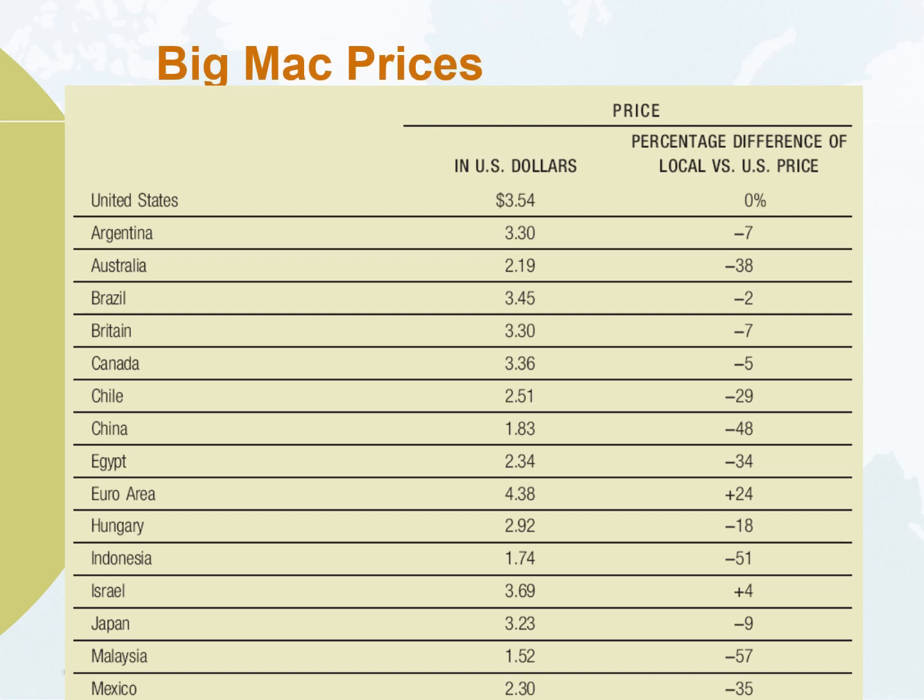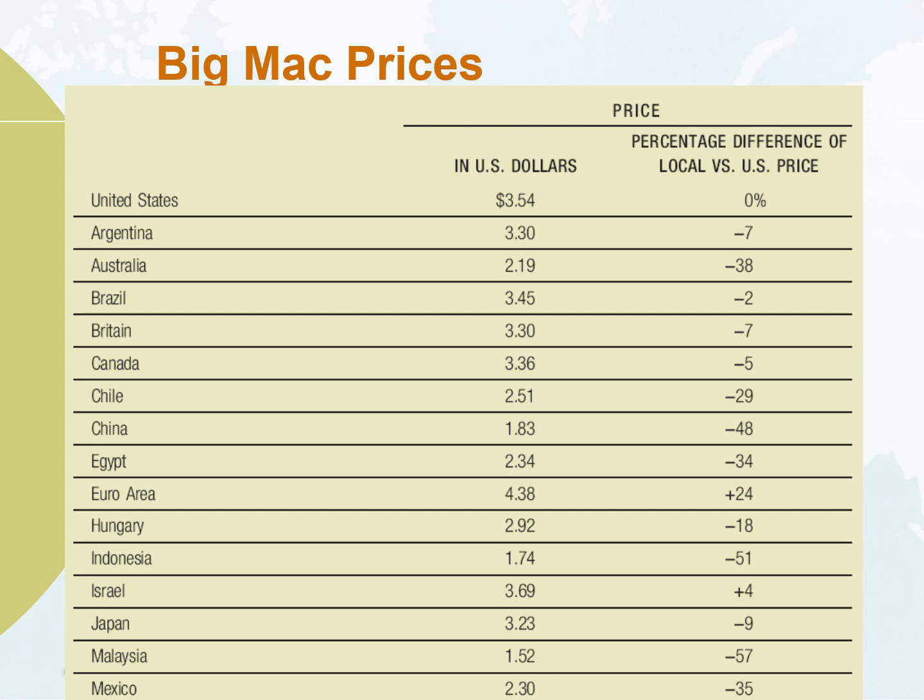The example shows Big Mac prices in US dollars, and also the percentage difference of local versus US price in different countries. In the US, of course, it's $3.54 for a Big Mac. For Argentina, it's reduced by 7% to 3.3.